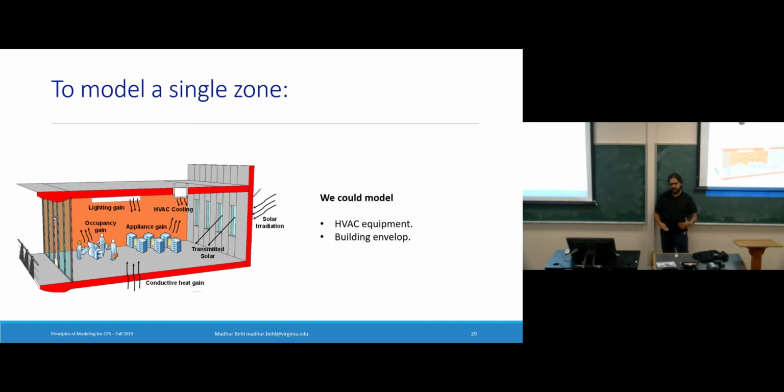If I can model that or describe that, then I can just abstract the HVAC system out. So we are already making our model choices. We want a zone temperature prediction model, and we want to capture the properties of the building envelope.